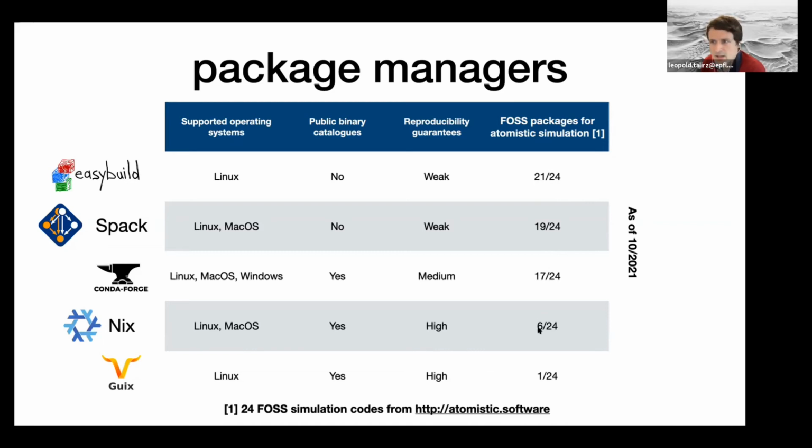Nix has a bit less, and Guix again less. Of course, this situation can be changed, but this can be an indication of how much work would be needed on the maintainer side, because oftentimes it's not just adding the package for your code, but you might also need to add packages for the dependencies of your code, etc.